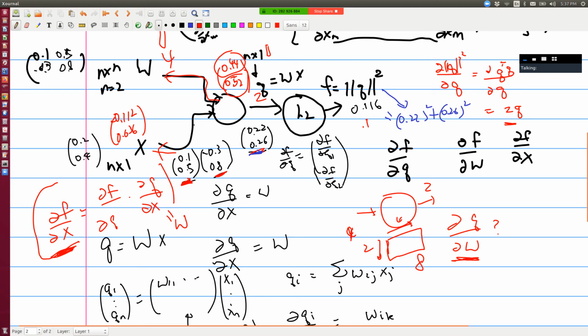The x is just n by 1, so it's 2 by 1. No, remember the chain rule here. Eventually you still write partial F, partial W is equal to partial Q, partial W times partial F, partial Q here.